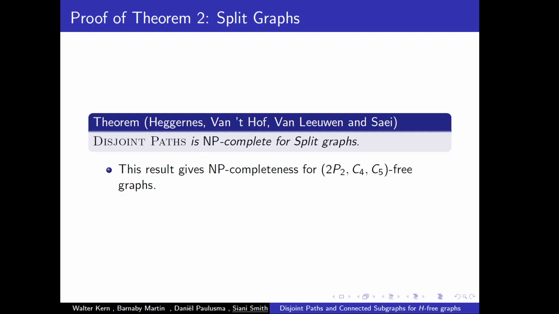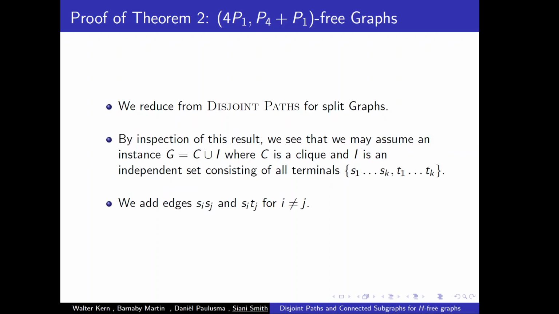Now looking at the result for split graphs again. As we said earlier, this gives us NP-completeness for H containing 2P2, C4, or C5. And so we're left with our final result, 4P1, P4 + P1 free graphs. The reduction here uses the reduction which shows NP-completeness for split graphs. We see that the split graph G has the property that the independent set is exactly the set of terminal vertices.